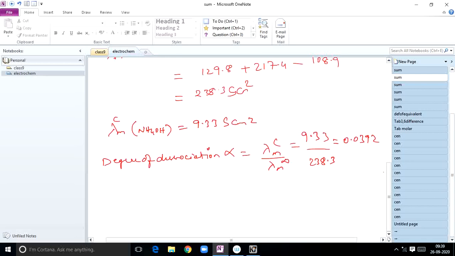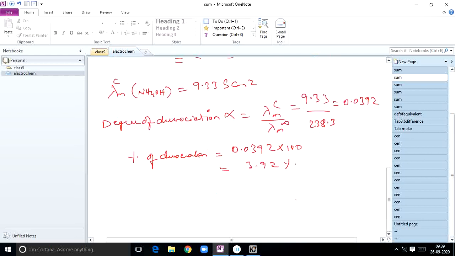In terms of percentage of dissociation, that is 0.0392 into 100, so you will get 3.92 percent. And he is also asking to calculate the dissociation constant value.